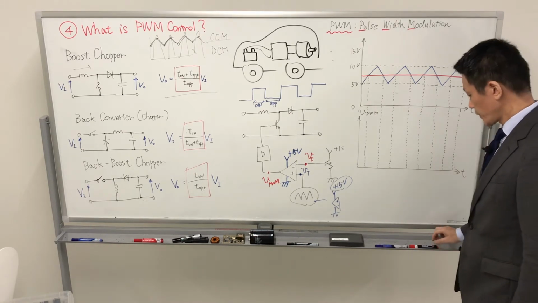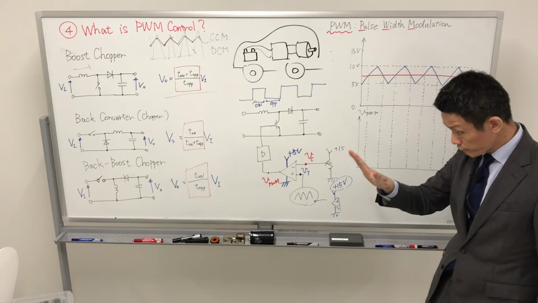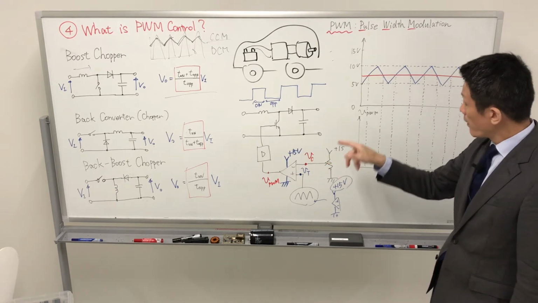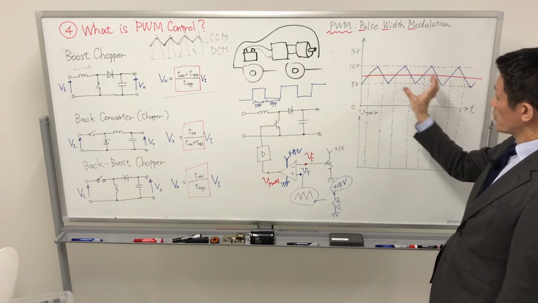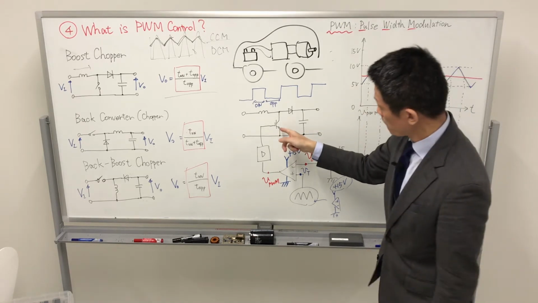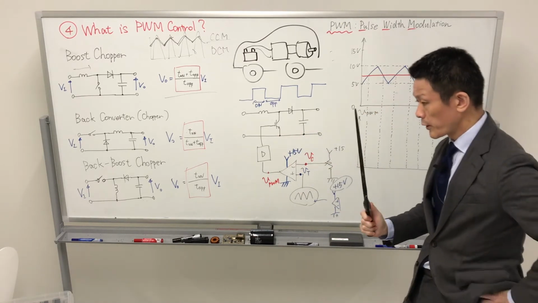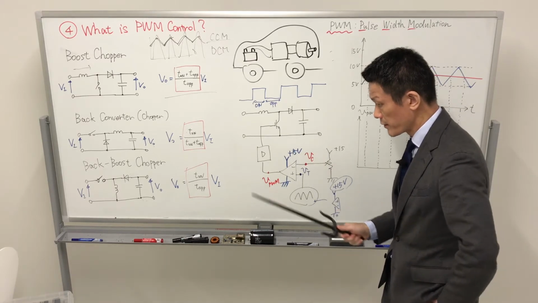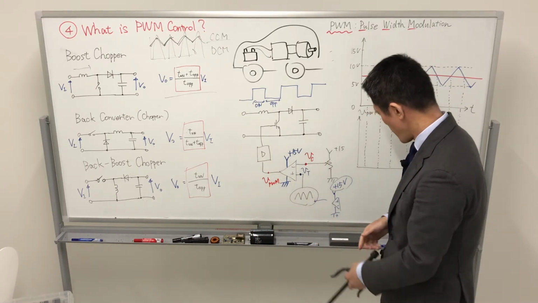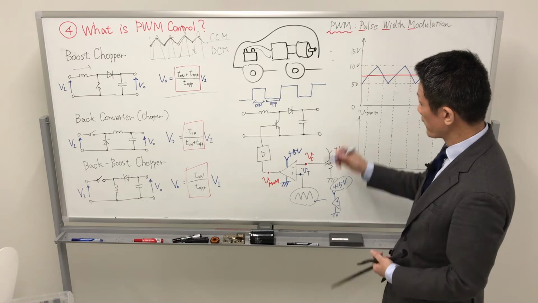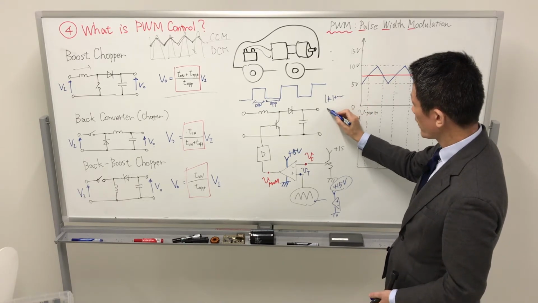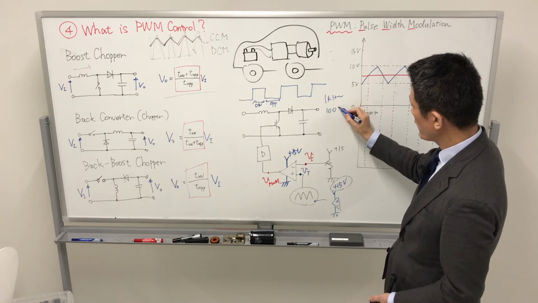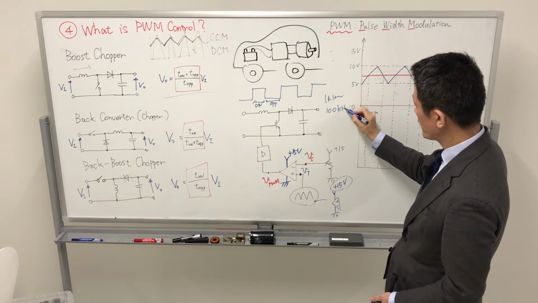And more, the signal for the power semiconductor devices is a very high frequency, for example 1 kilohertz or 100 kilohertz.